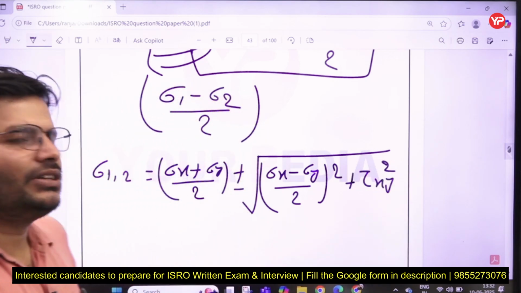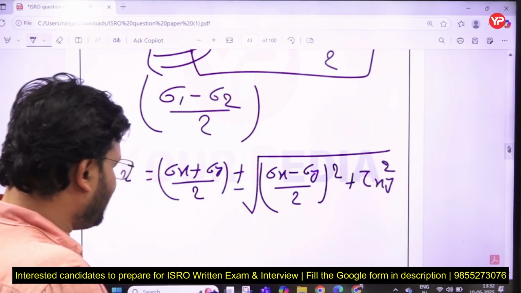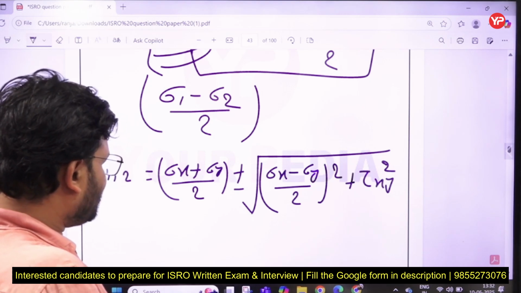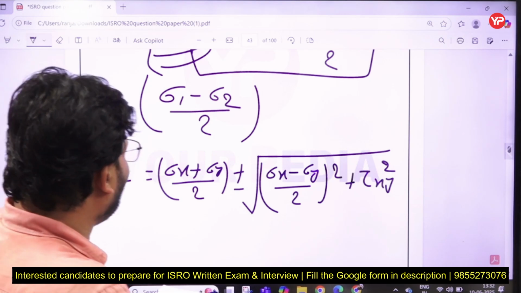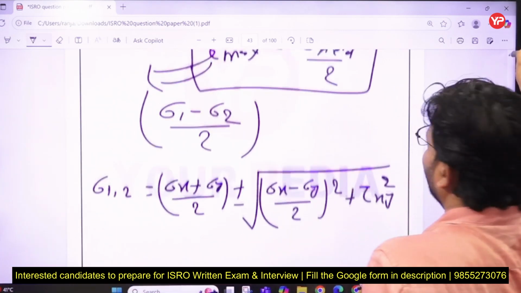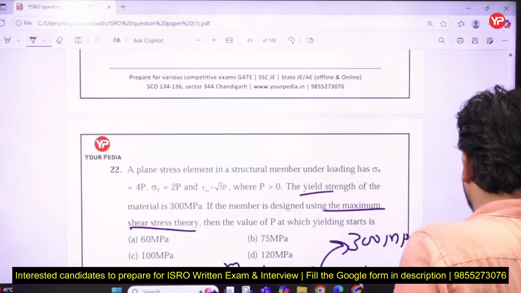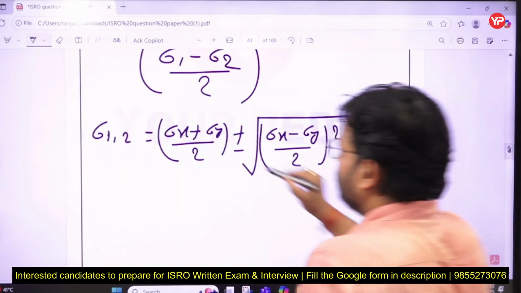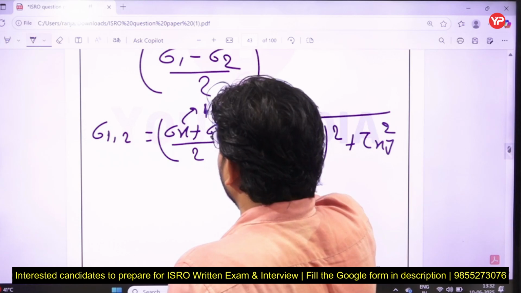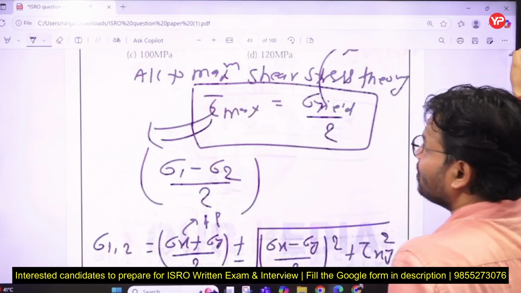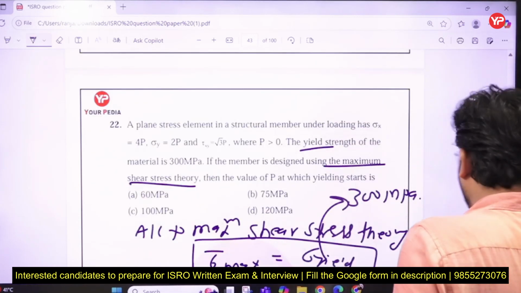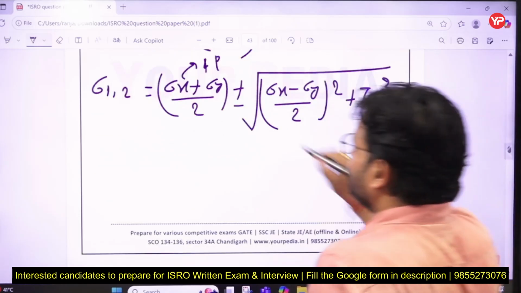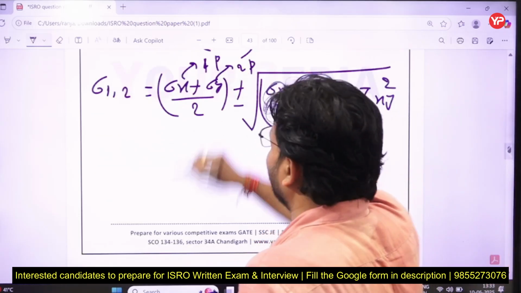In the question you have sigma x, sigma y, everything. Now put the value of sigma x: sigma x equal to 4p. And sigma y is 2p. Now put these values and make the calculation.